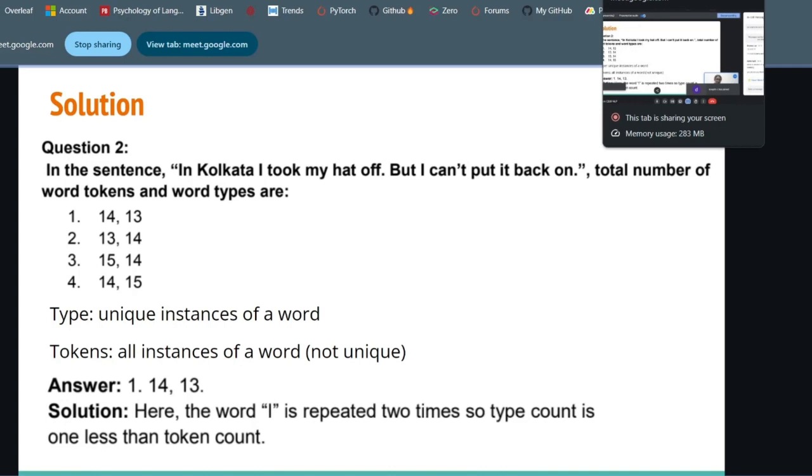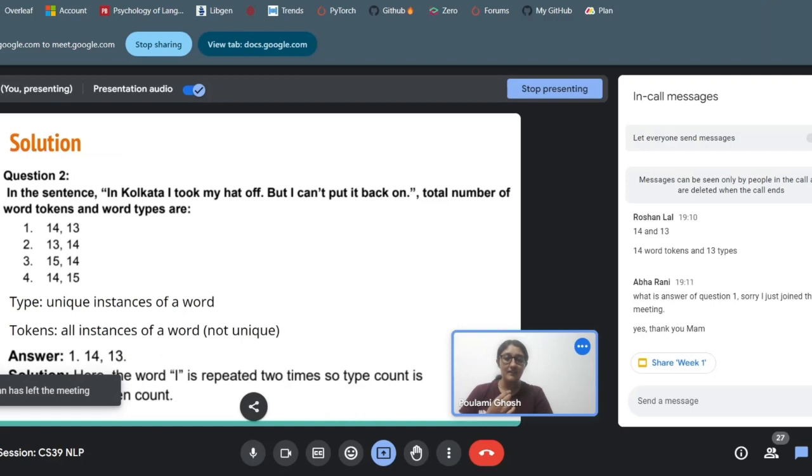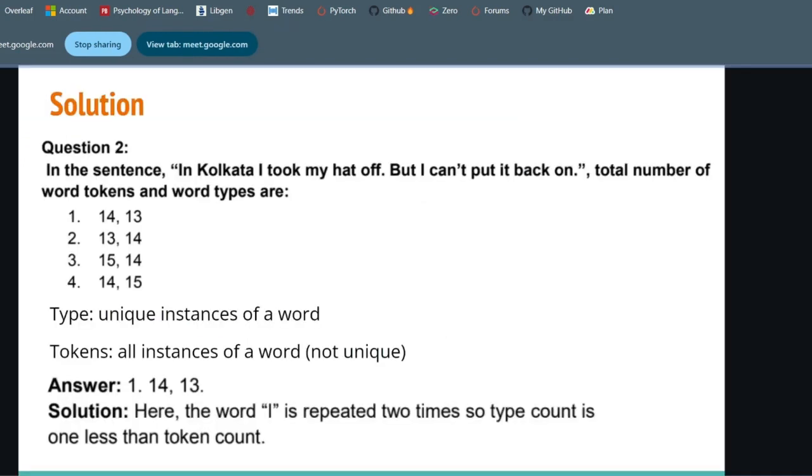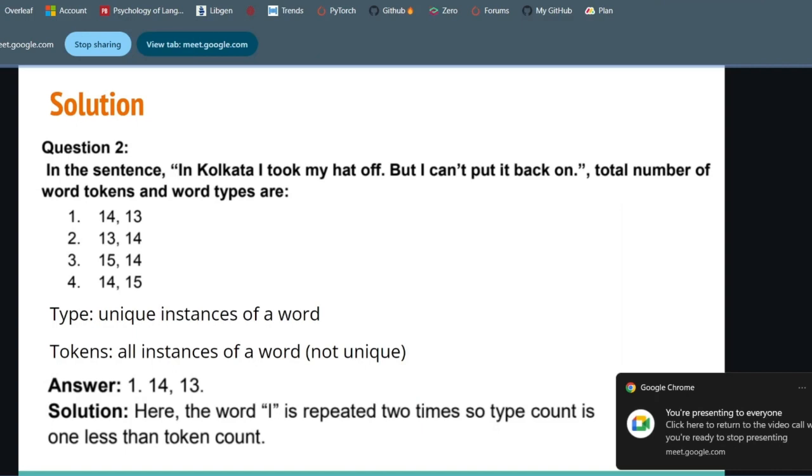Is your doubt cleared? Somebody has unmuted. Is your doubt clear? Did you ask the question?